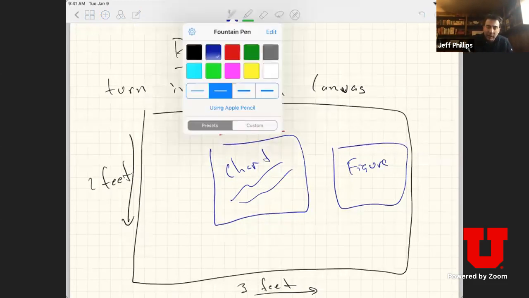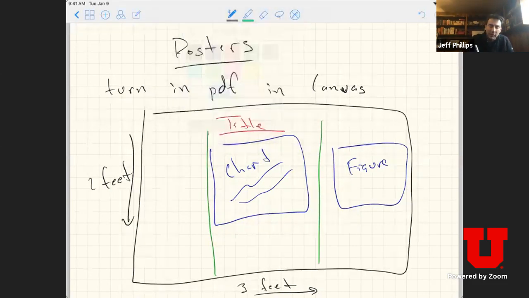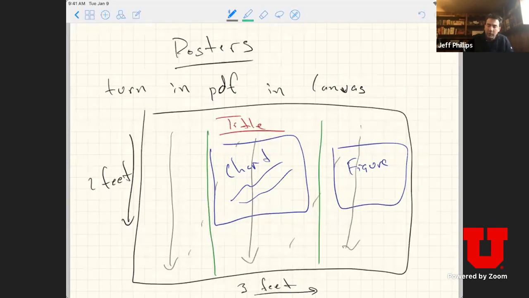I've talked to people who are professional poster designers, and this is common: having 3 columns works pretty well. The rule of 3s is pretty important here. You typically want to think of the reading as going through in this order, where you start here, then 2 and 3, and run down these columns.